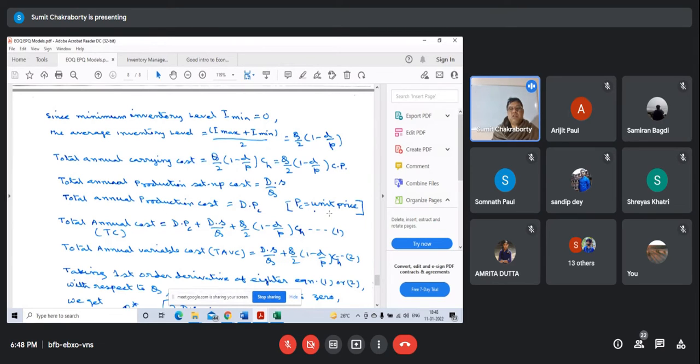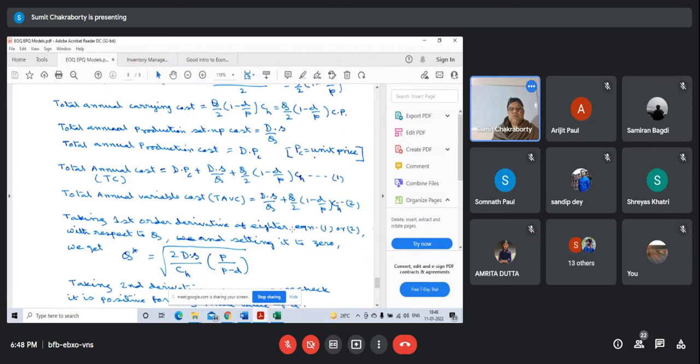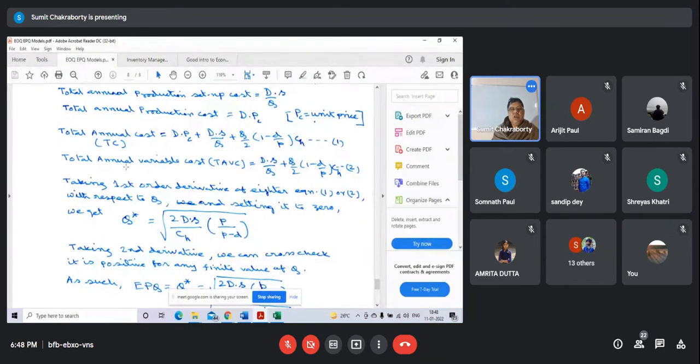PC is the unit price. So total annual cost is DPC plus DS by Q plus Q by 2 multiplied by 1 minus D by P into CH. Total annual variable cost TAVC equal to DS by Q plus Q by 2 into 1 minus D by P into CH. CH equal to CPC.